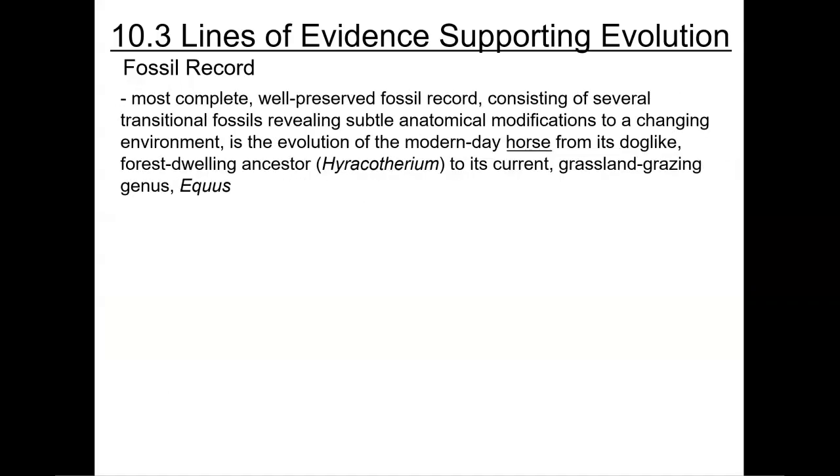The most complete, well-preserved fossil records consist of several transitional fossils revealing subtle anatomical modifications to changing environments. This is going to be the evolution of the modern-day horse, from its dog-like, forest-dwelling ancestor to its current grassland-grazing genus Equus.